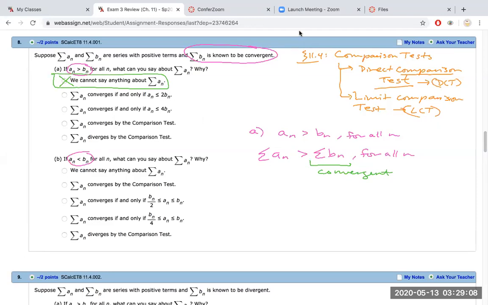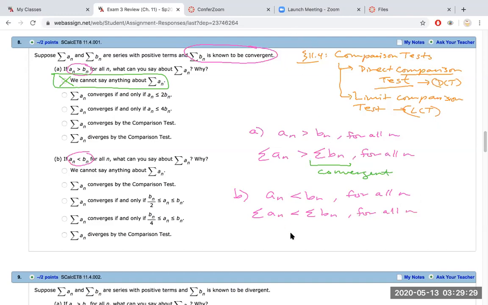Okay. In comparison, no pun intended, we have part B, a sub n is less than b sub n for all n. So series a sub n is less than series b sub n for all n.